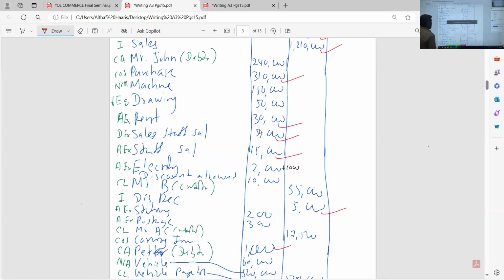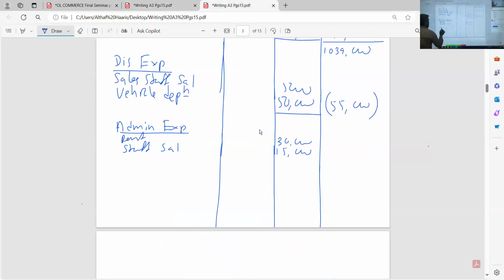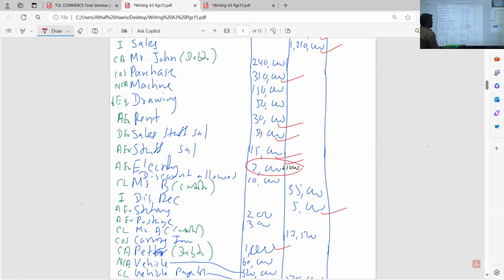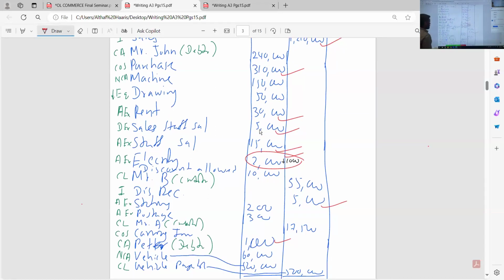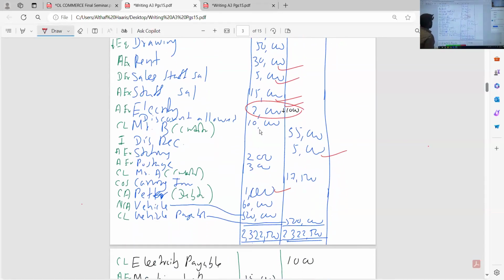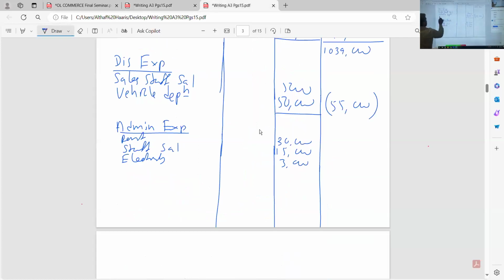Then electricity 3,000, we made an adjustment. And discount allowed, we didn't take it, no?